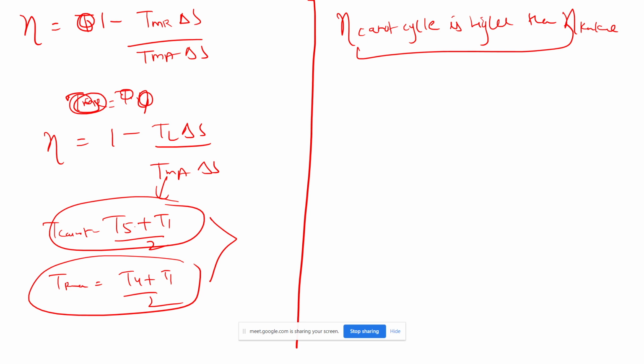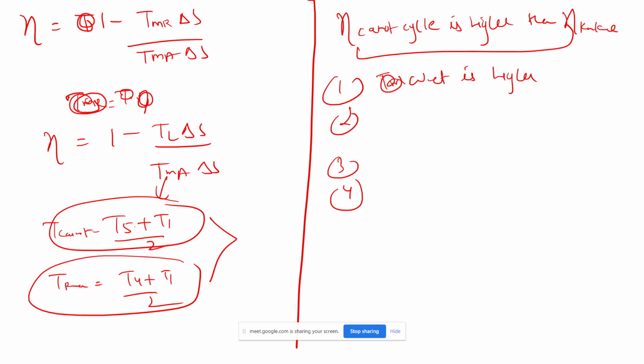They will give 3 or 4 options. First, work net is higher.